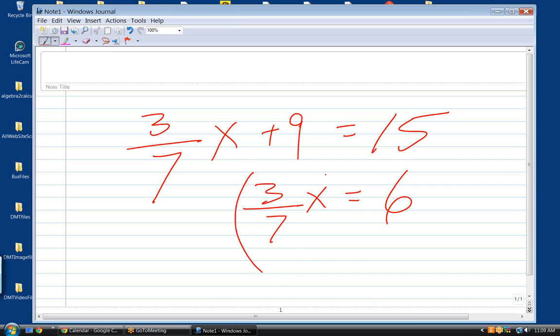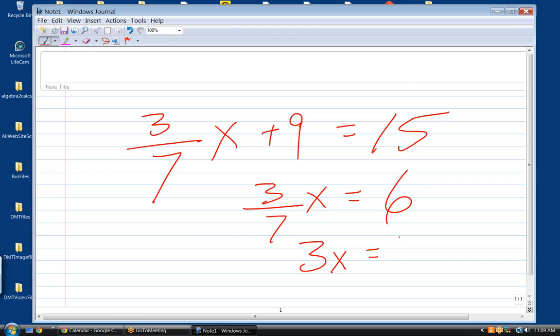I'm not sure. Well, let's do it first of all in 2 steps. Okay? Right. Let's multiply both sides by 7, because 7 is currently dividing everything.